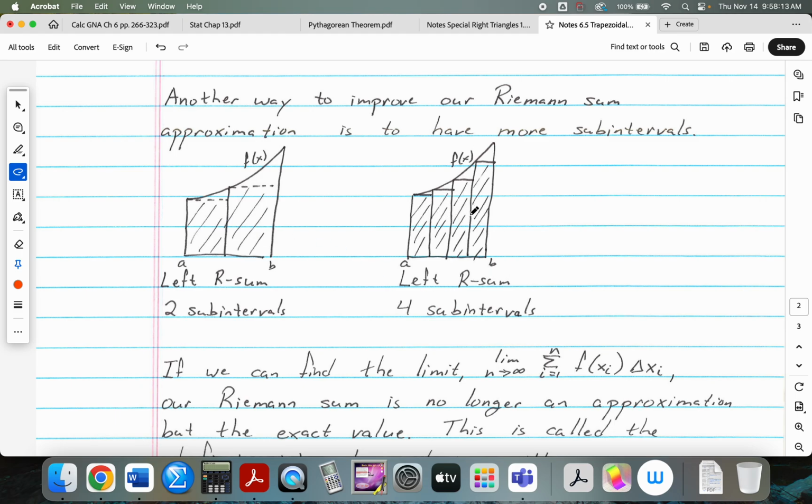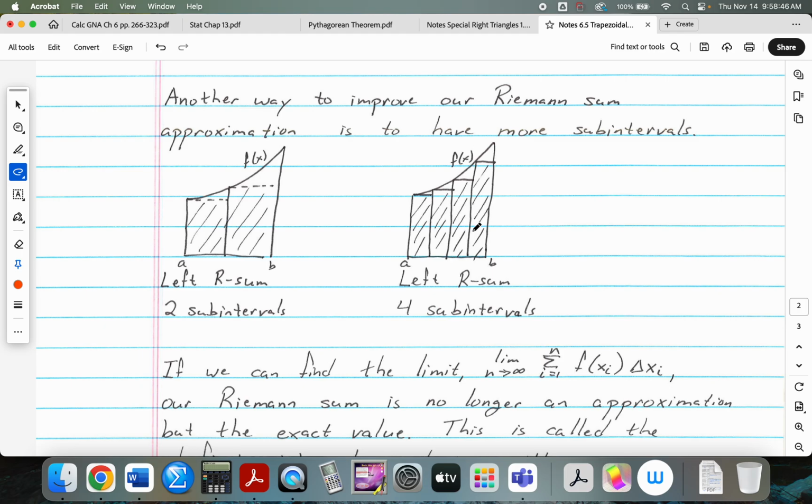The more subdivisions you have, the closer you are to the actual value. If we had enough of these, you wouldn't be able to tell that they were a bunch of little rectangles. You would be like, yeah, someone drew a curve. And it's like, no. Fact is, on your calculator, there are no curves. It's just drawing a bunch of points that are small enough and close enough together that it gives you the illusion of a curve.